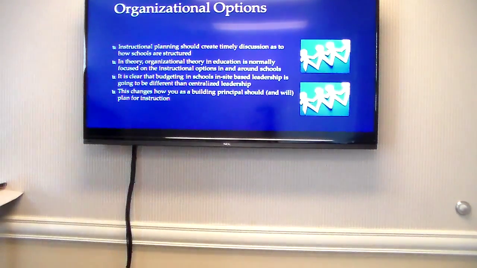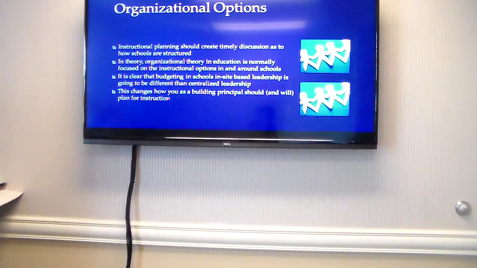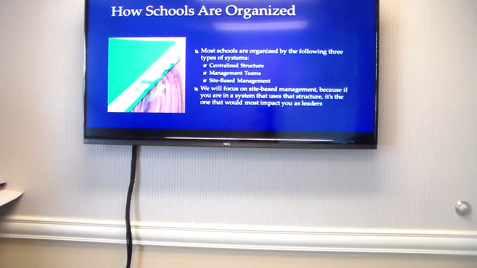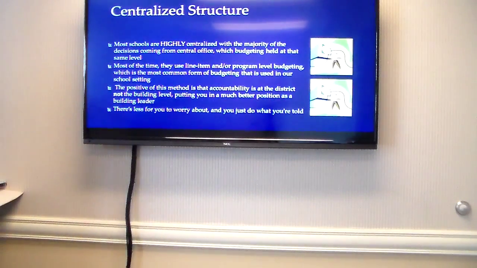We've seen that model in Florida. That changes how you as a building principal can and will plan for instruction. So there's going to be 3 different types of systems. The other 2 really don't impact you as much as site-based management does. That's the one we need to look at, and that's the one that we need to strongly consider.